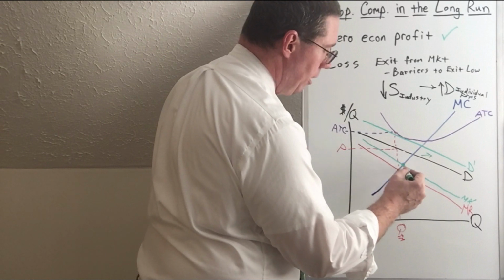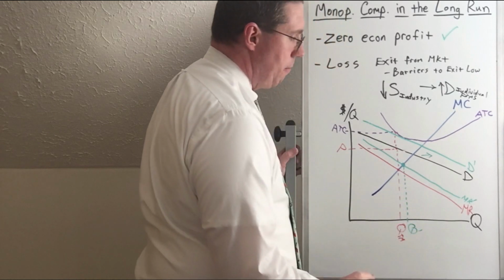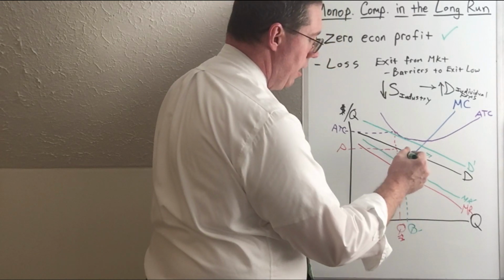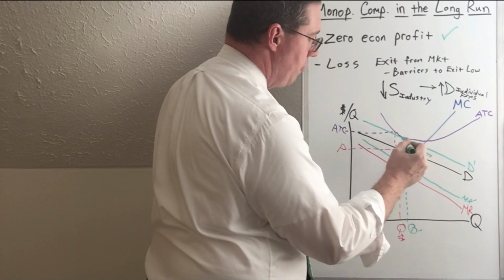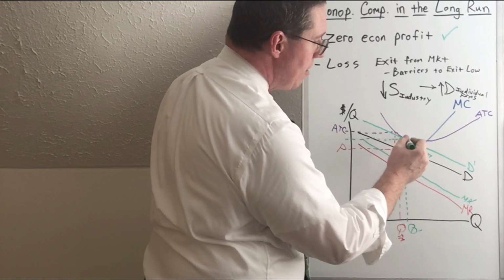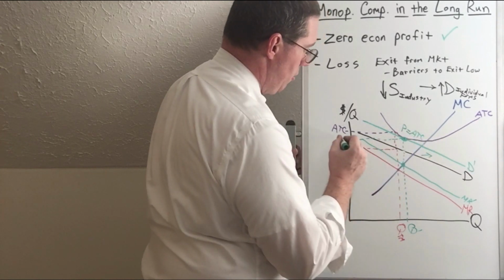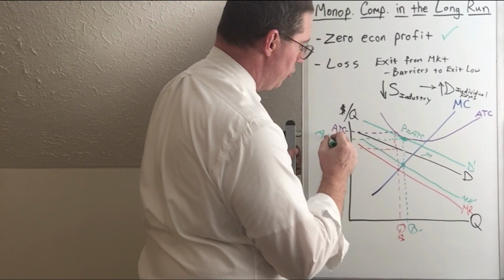And now here's the new intersection of marginal revenue and marginal cost. So they have an increase in profit maximizing quantity, and look at that, they'll have an increase in their price, but also their price is equal to their average total cost now. So this is price, and it's also average total cost.